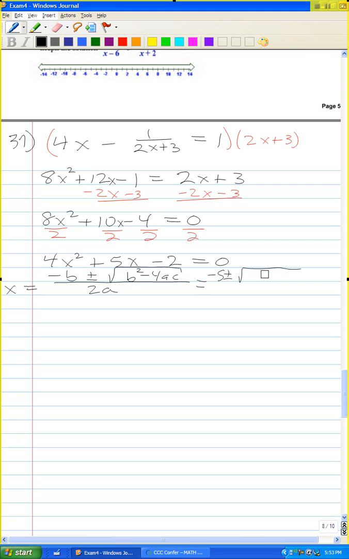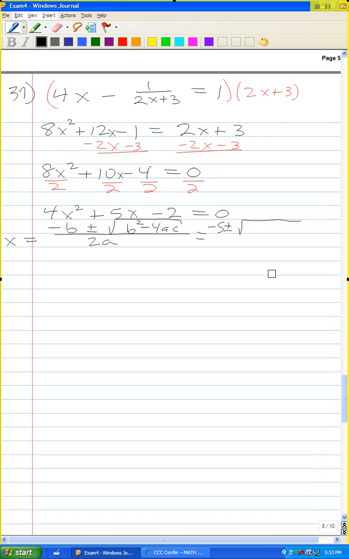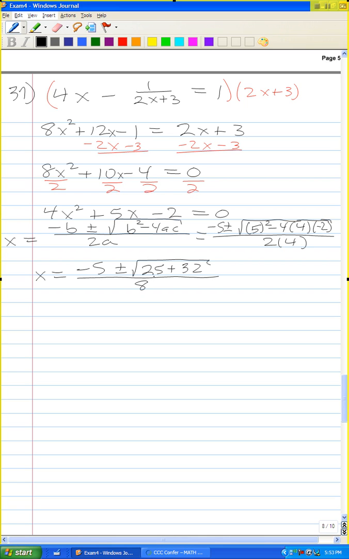b squared minus 4ac, all over 2a. And so I get x is equal to negative 5 plus or minus the square root of 25 plus 32, over 8.